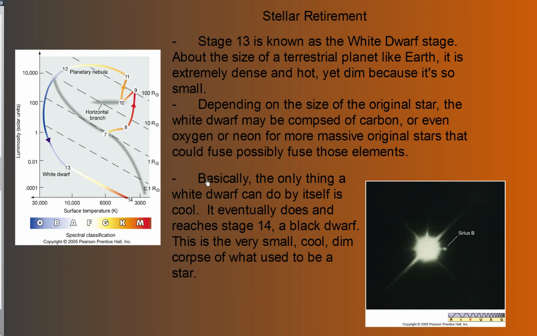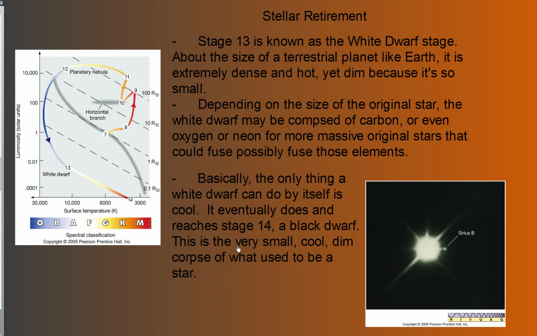After 13, basically the only thing a white dwarf can do by itself is to cool. Sometimes white dwarfs are near another star, a companion star, a binary system. Here's Sirius B, a white dwarf. If that's the case, we'll talk more about that in a bit.